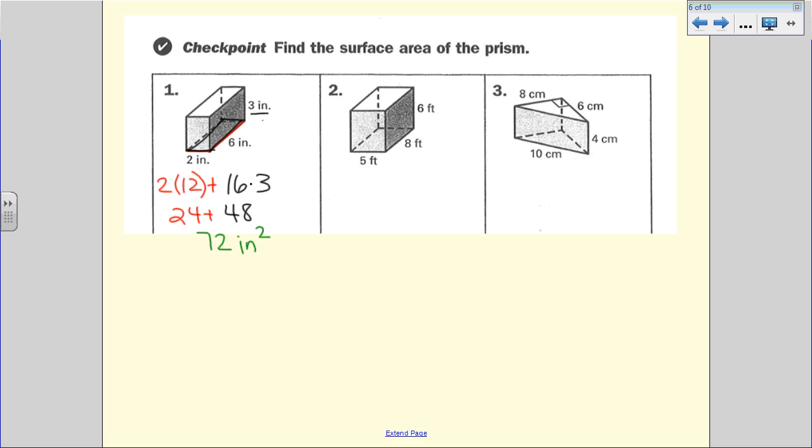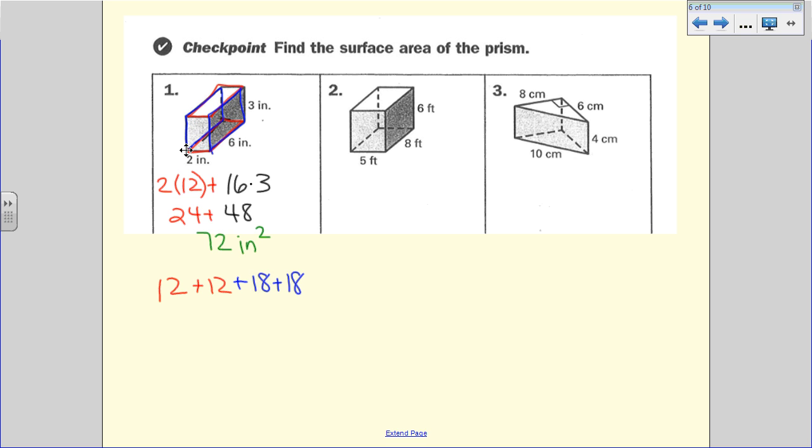Now if we go back through and think of this in terms of what rectangles I have: a 2 by 6 rectangle here, which is 12. I have a 2 by 6 rectangle here, which is 12. Here I have a 6 by 3 rectangle, which is 18, and another 6 by 3 rectangle, which is 18. Remember, opposite sides are congruent.